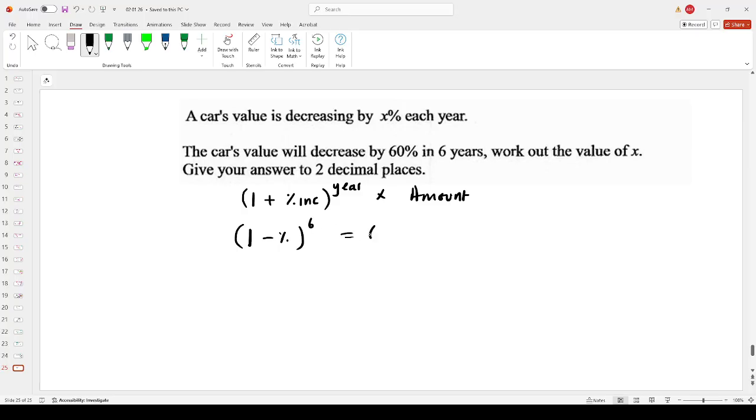Well, what does that equal? 60% after you times it by 1. So if we got... hold on, I think I've lost my way myself. A car's value is decreasing by X% each year.